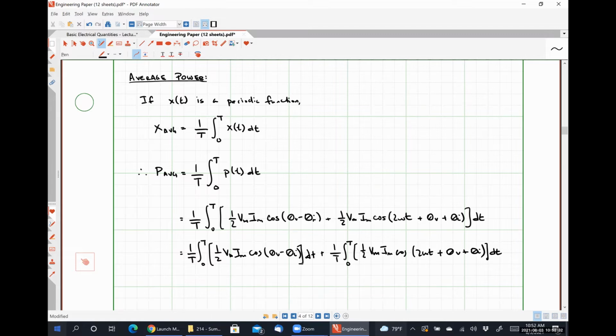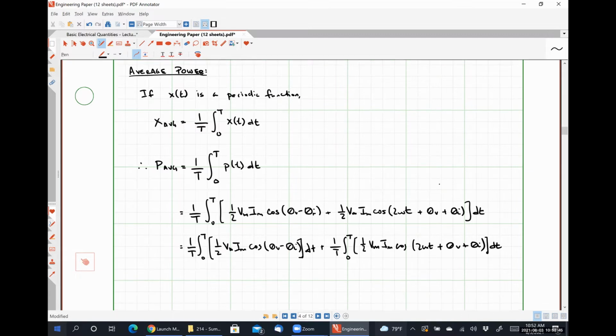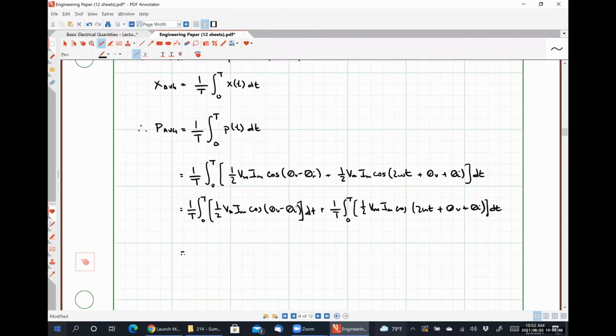Not only can we pull out 1/2 Vm and Im, we can also pull out cosine theta v minus theta I, because all of those are constant quantities. So that would be literally just 1/2 Vm Im, because the integral of dt would just be t, and then you have that 1 over t out front, so that cancels it.